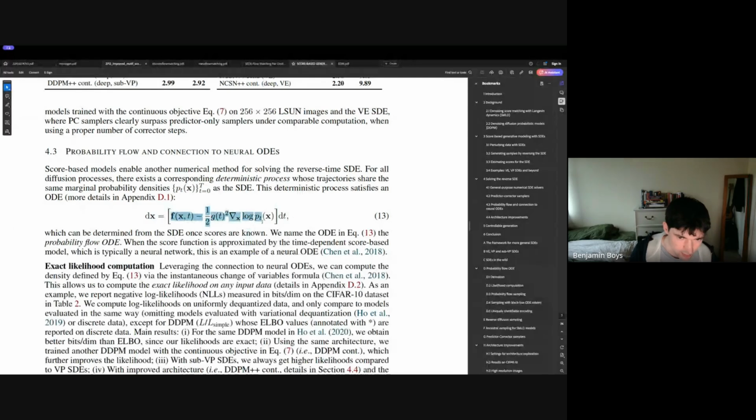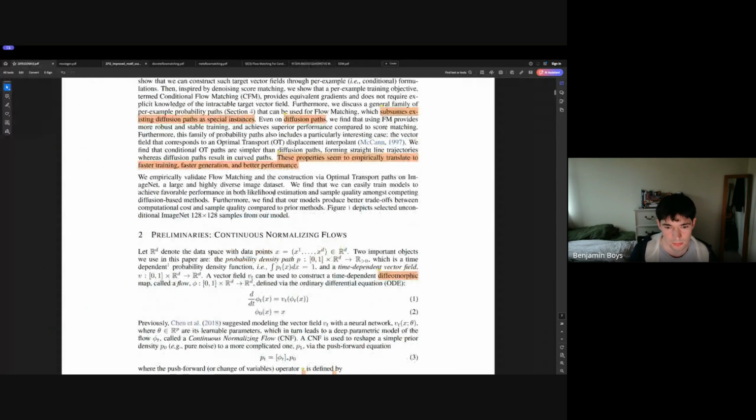We're going to do away with this, simplify it, don't need to define a score, just need to collect these terms and define a vector field. And that vector field is U.